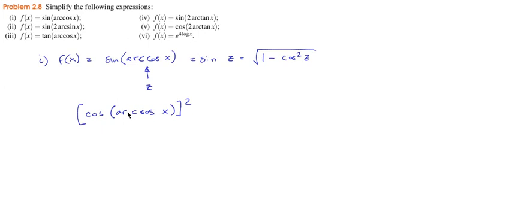So what's the cosine of the arc cosine of x? These two are inverse functions, so this is just x squared. And so we have the square root of 1 minus x squared. That looks much simpler than this, right? This is the thing we're aiming for.